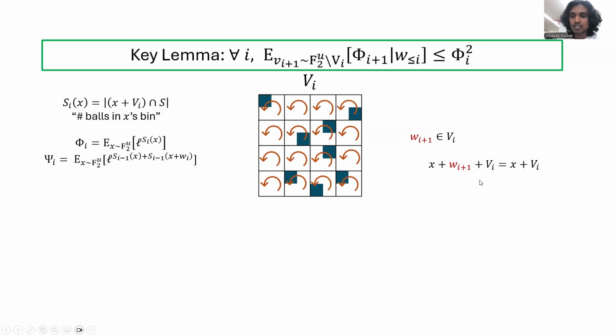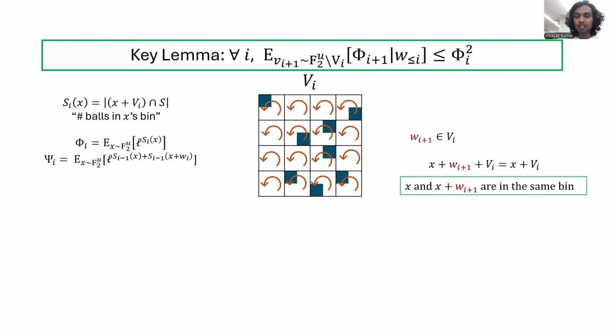In other words, this equality is saying the shift containing X is the same as the shift containing X plus W. And this equality is true because V sub I is a subspace and W is an element of V sub I. Thus, V sub I is equal to V sub I plus W sub I plus 1. And this equality holds. Therefore, for any X, X and X plus W are in the same bin.